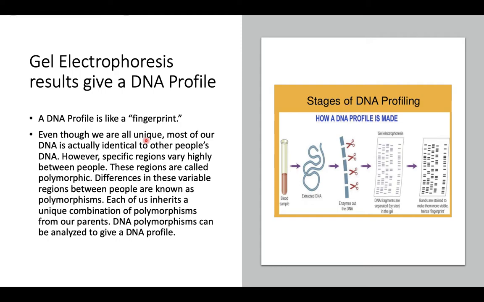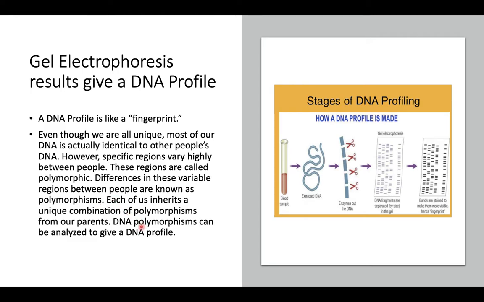And notice that even though we are all unique, most of our DNA is actually identical to other people's. But we have these tiny little specific regions that are called polymorphic regions. And these regions vary among people. And we inherit these different combinations from our parents.